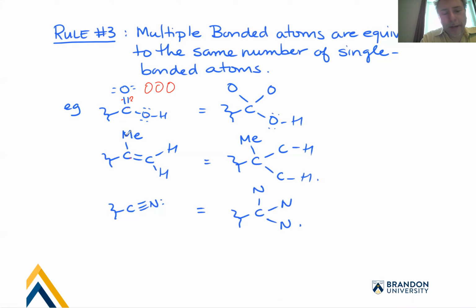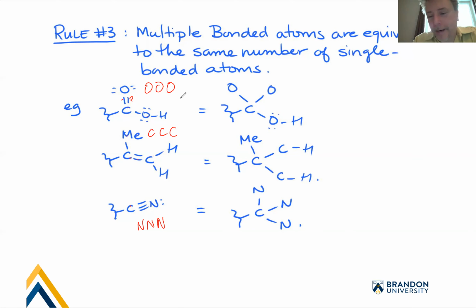This carbon would be bonded to carbon, carbon, carbon. This nitrile would be considered to be bonded to nitrogen, nitrogen, nitrogen when you're assigning a priority. So anytime you see a double bond, you can assume it's bonded to that thing twice.